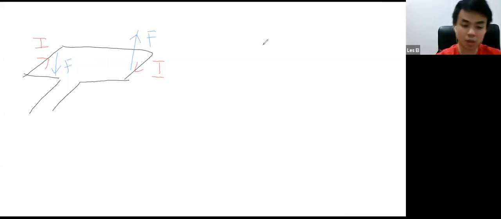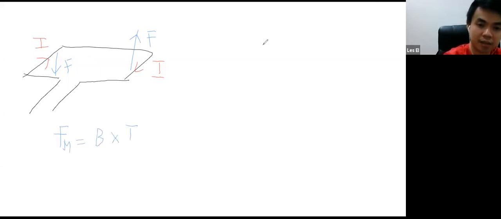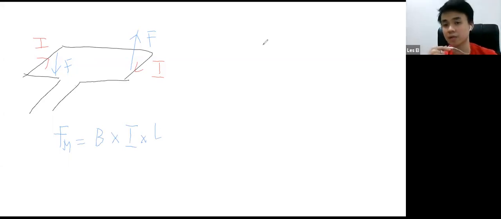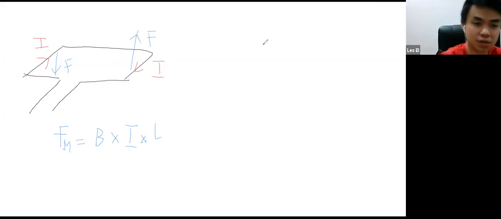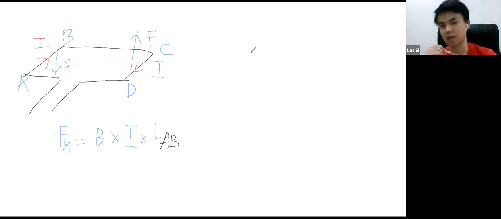When they want to calculate the magnetic force, they know the formula, but they are not sure what to use. If you talk about the length, the wire that experiences the force is AB and CD, so the length that you are talking about is the length of AB or the length of CD.